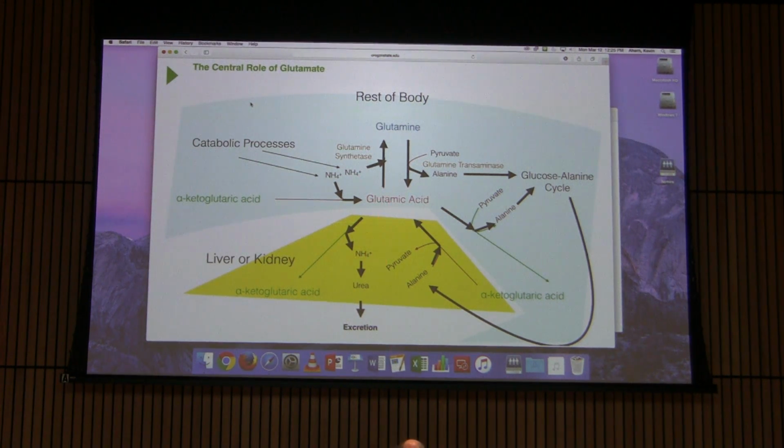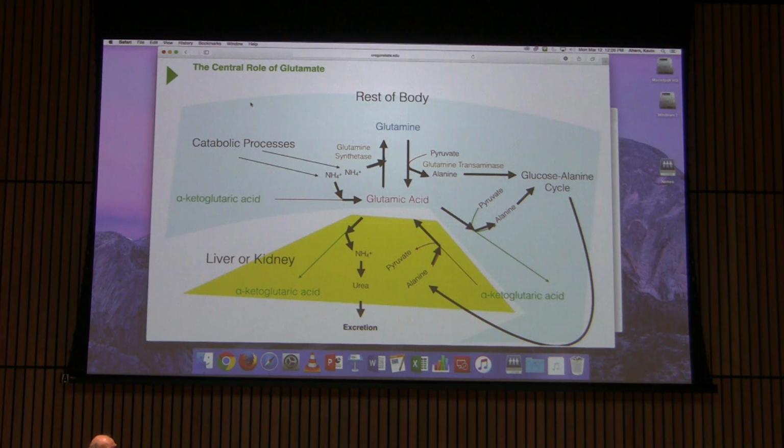Well, let's look at what can happen, first of all, to glutamic acid. If we start in the middle, we can go upwards and create glutamine. The only difference between glutamic acid and glutamine is that glutamine has a second amine on it to make a carboxyamide. It goes onto the carboxyl group on the R group of glutamic acid and makes a carboxyamide, and that creates glutamine. How do we go from glutamic acid up to glutamine?